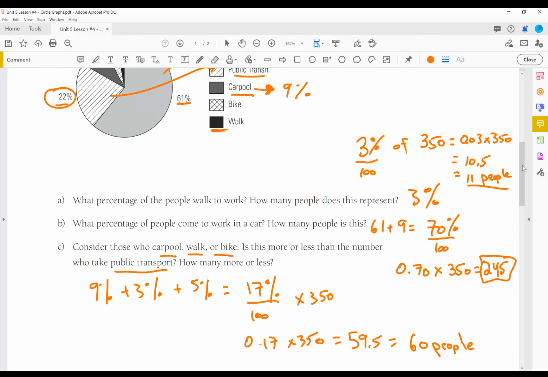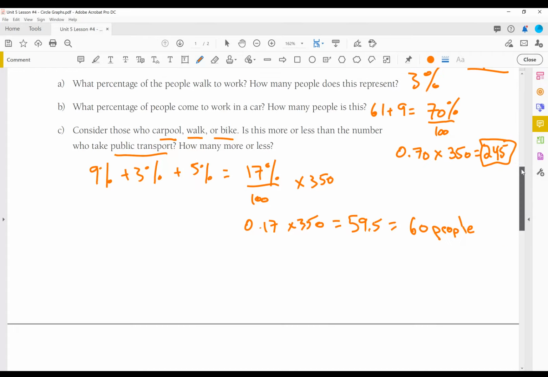We can see that there'll be more people who take public transit, but let's find the actual number of it. 22 as a percentage, divide that by 100 and times it by 350. That's the number of people total. I hope you can see the process that I'm going through each time. It's 0.22 times 350, which is 77 people.